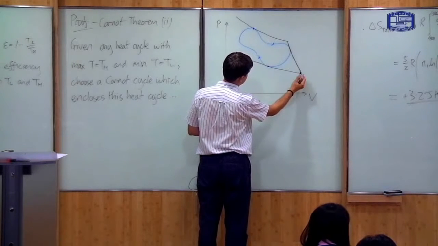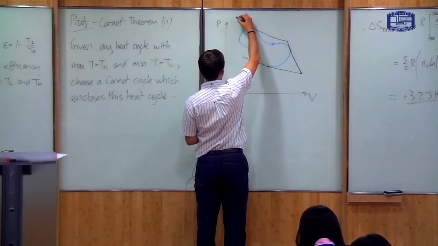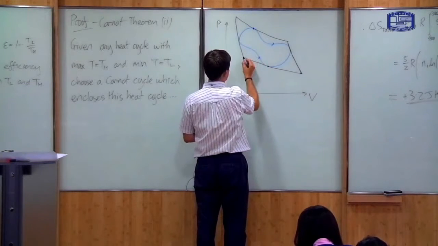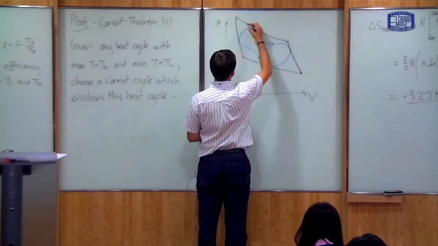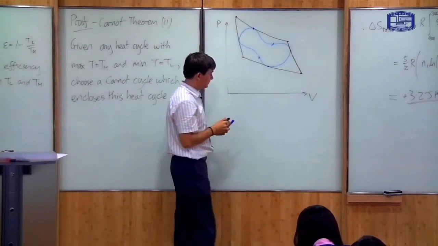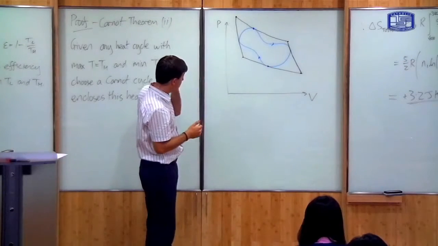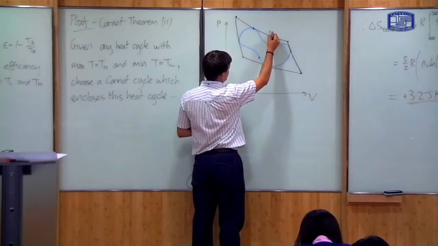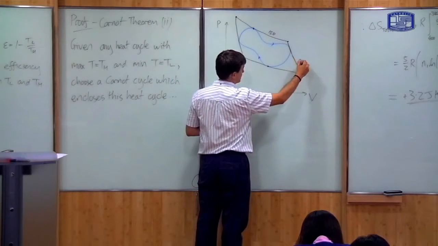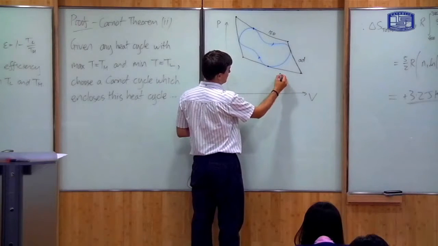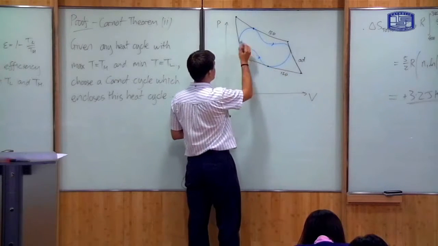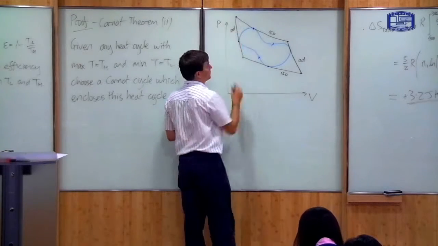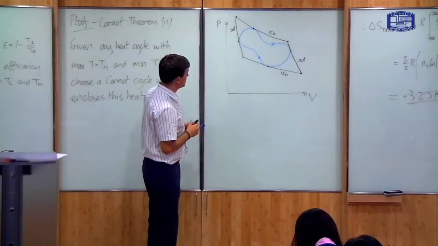This. And just touches going this way as well. So the Carnot cycle looks like this. Remember, this is isothermal here. This is adiabatic. This is isothermal here. And this is adiabatic here, in the Carnot cycle.